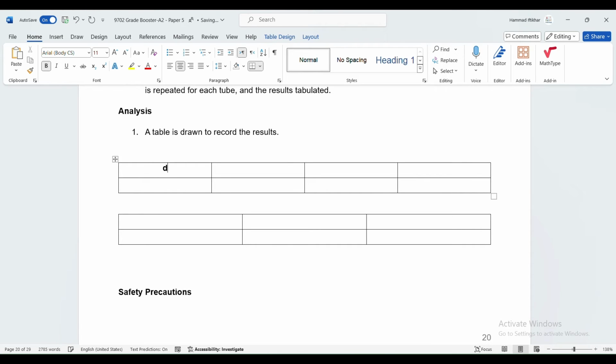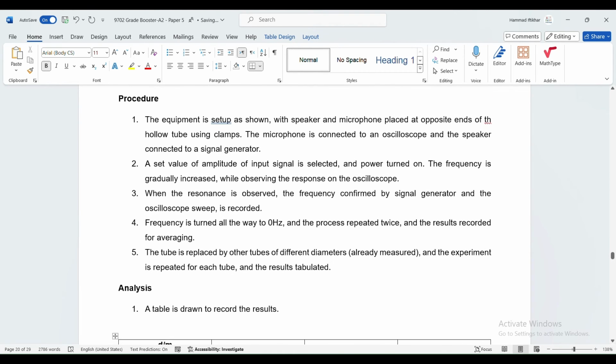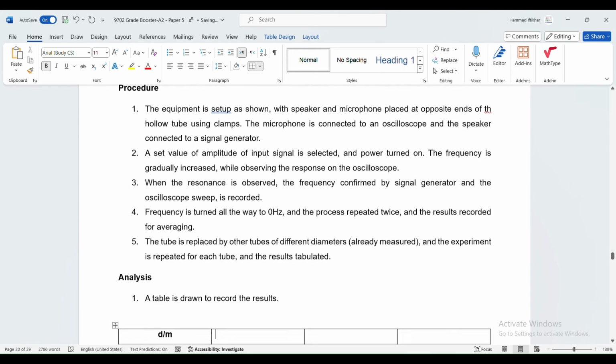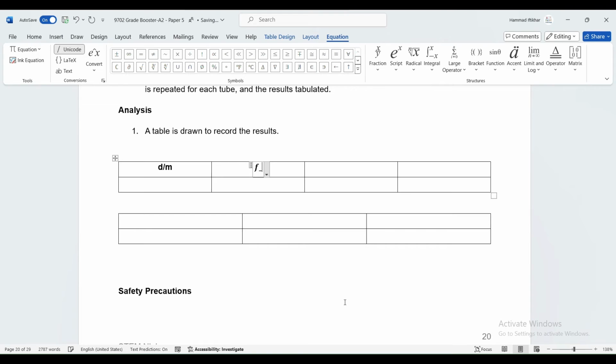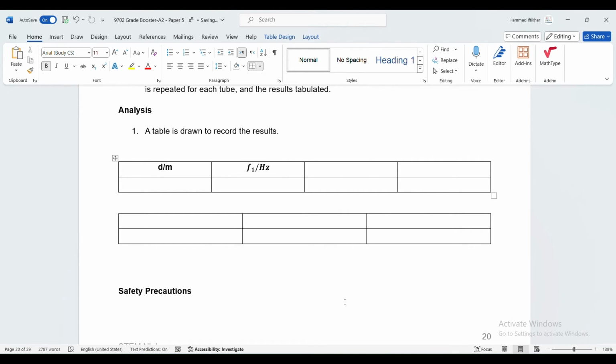We have the diameter. We have first reading of the frequency in hertz. Second reading of the frequency, third reading of the frequency, and one more for the average.